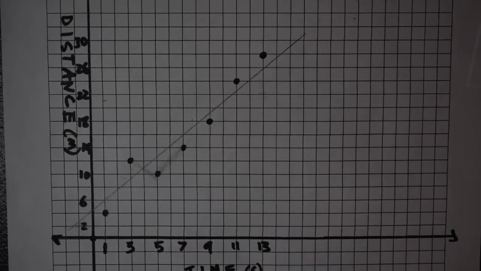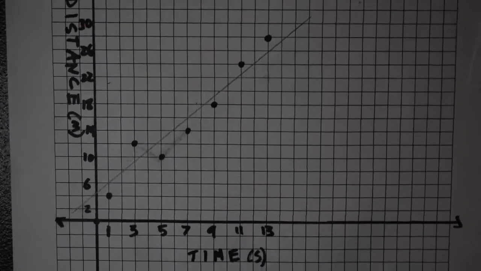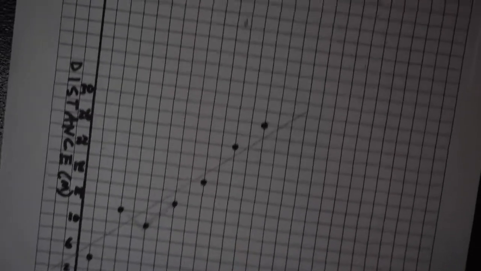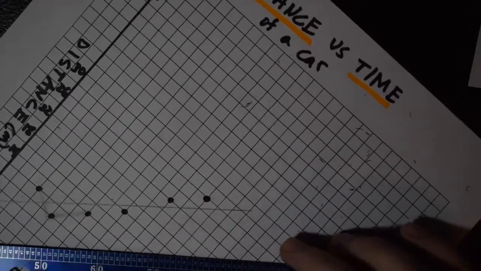Let's look at that graph. Does that look good? I would say it looks pretty good, because about half the dots are above and half the dots are below. It kind of goes through the middle of that. And this is all just by eye. There is a science to how you do it in a computer, but for right now, since we're doing it by hand, it's all just kind of guessing.